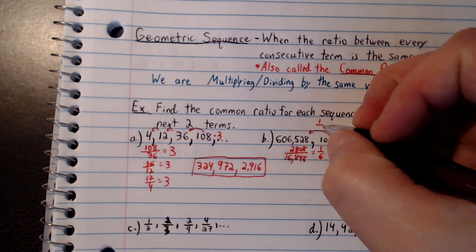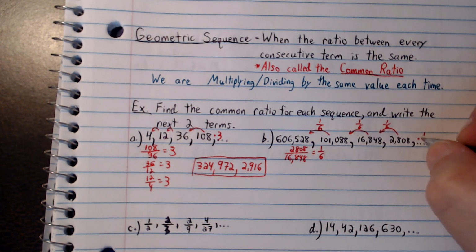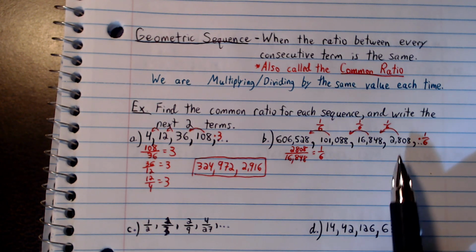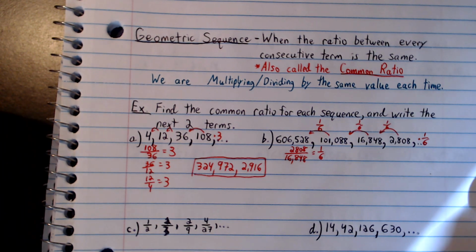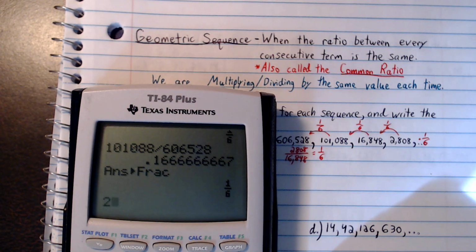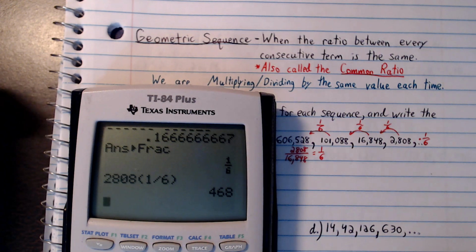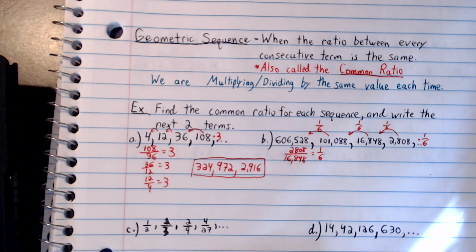So we have the same multiplier of 1/6. So I'm going to take my last number and multiply by 1/6. 2808 times, and if you write it just as the fraction itself, the calculator knows exactly what it's doing. You could technically divide by 6, but why not just work with what you've been using? It's a little bit easier.